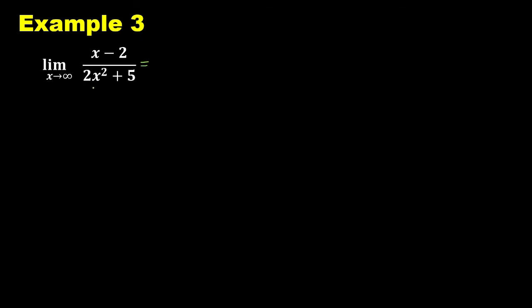So we're going to have x squared. So we would be having x over x squared minus 2 over x squared over 2x squared over x squared plus 5 over x squared. Of course, do not forget to write the limit notation.